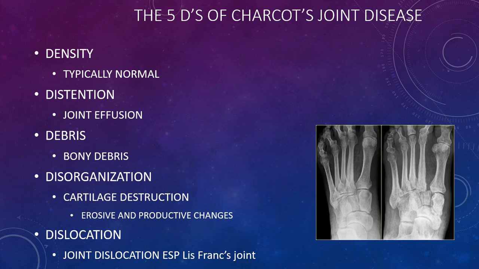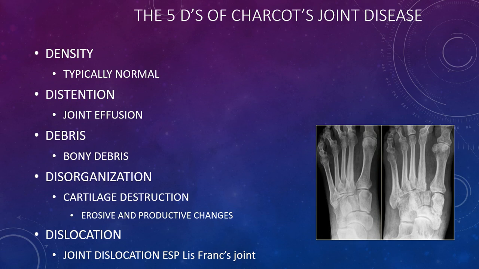Those who are familiar with this disease, primarily podiatrists and radiologists, look for the so-called 5Ds of Charcot's joint disease. We look at fairly normal density for the majority of the foot. We look for joint effusion. We look for fragmentation and debris.